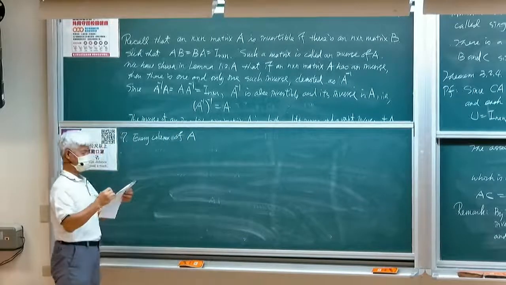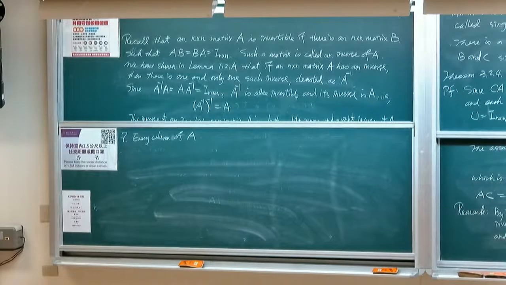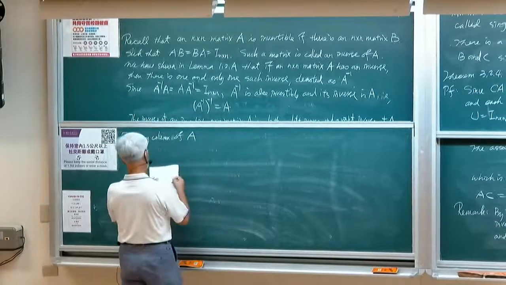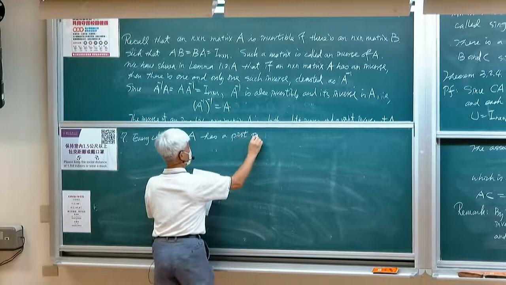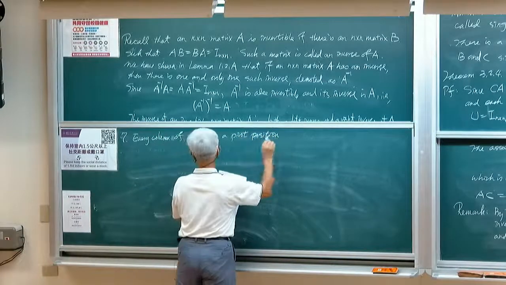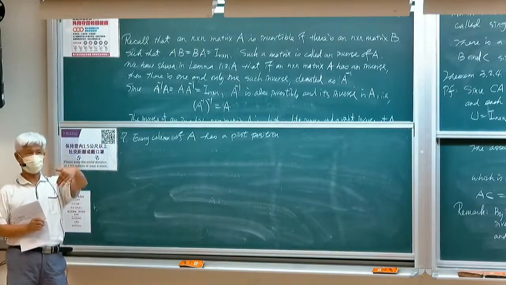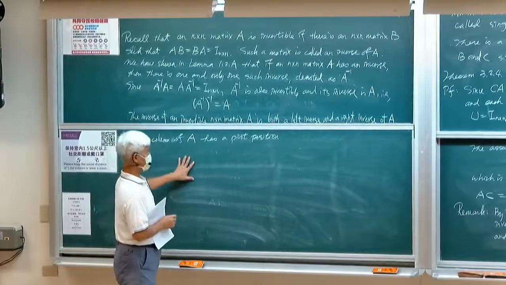I have a typo because I put an S there, so please delete the S. Because if a column of A has no pivot position, then the corresponding unknown variable can be set to be free, and so then the kernel of A cannot be trivial.